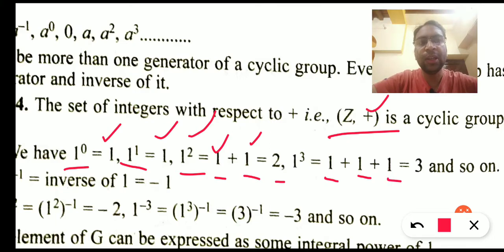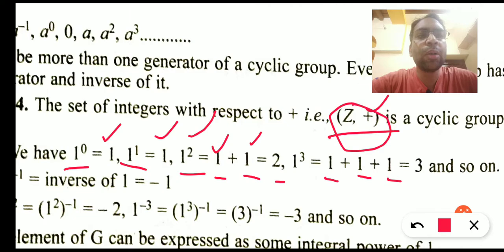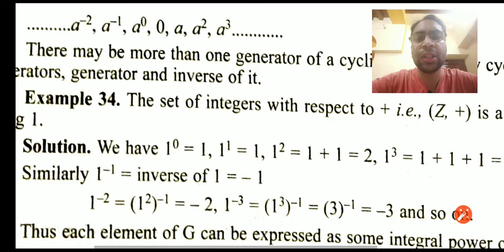In a similar way, 1 to the power 4 will be 4, 1 to the power 5 will be 5, and all the elements we can calculate with the help of 1. That is why this group Z with plus is a cyclic group with 1 as a generator.